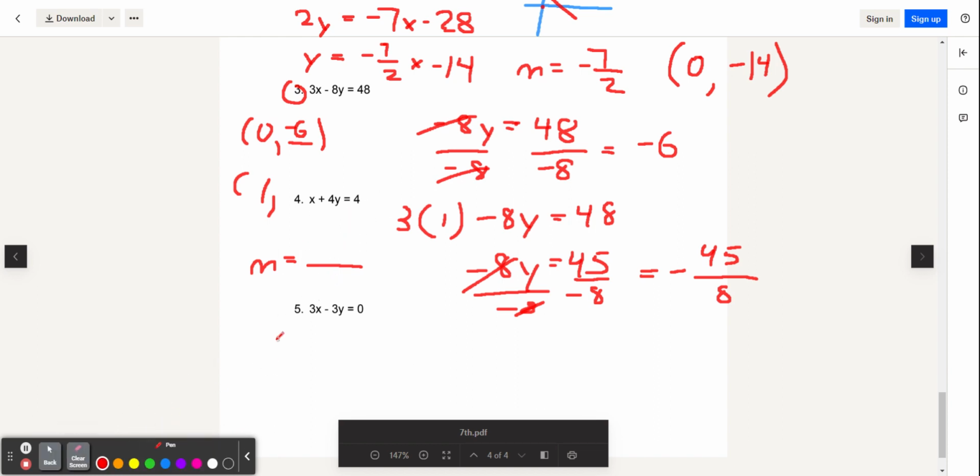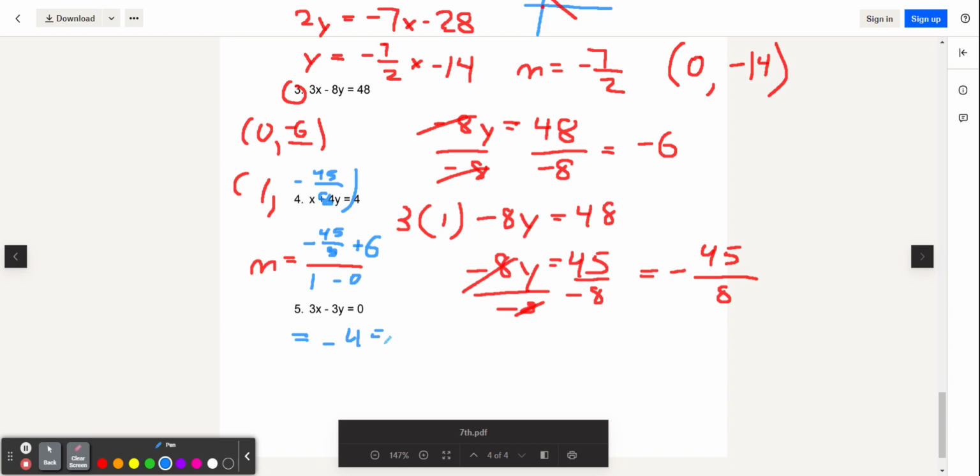Here, let me write out both points so you can see clearly. Let's say this, -45 over 8. So the blue point first: 1, -45 over 8, minus -6, which is just plus 6, over 1 minus 0. So the bottom turns into 1, and for the top, we get the least common multiple of 8 and 1, which is 8.